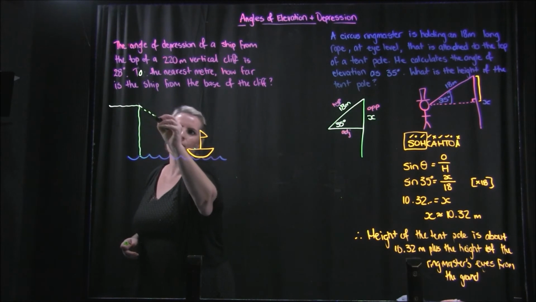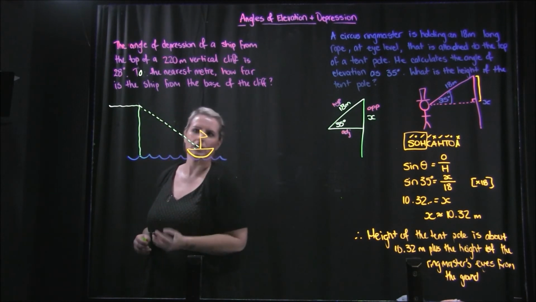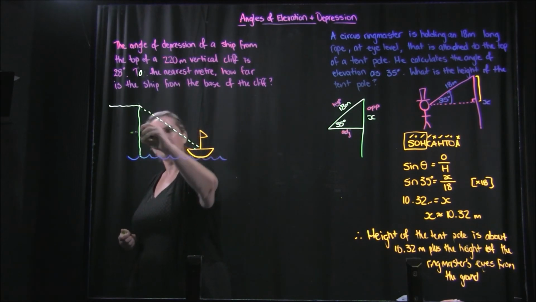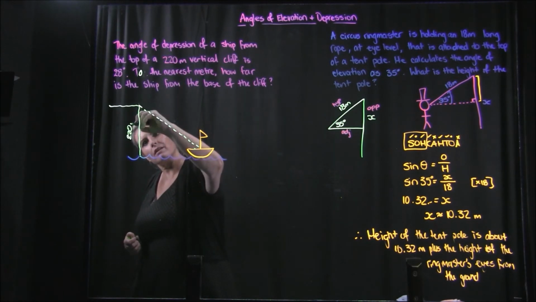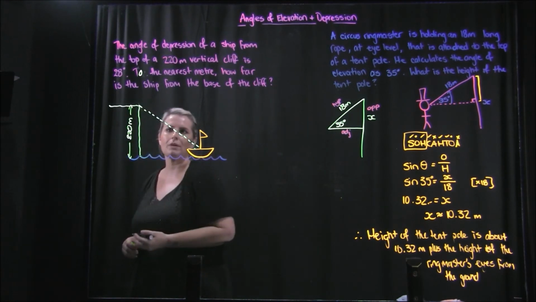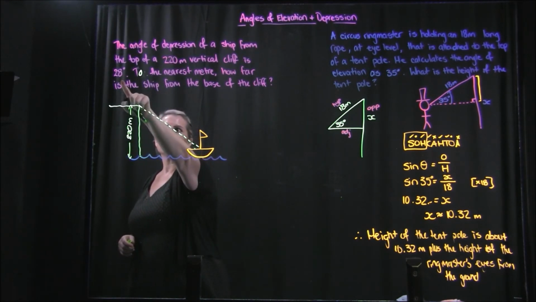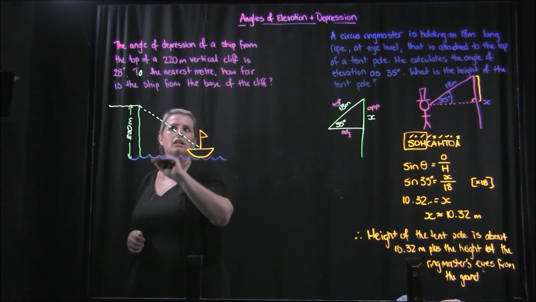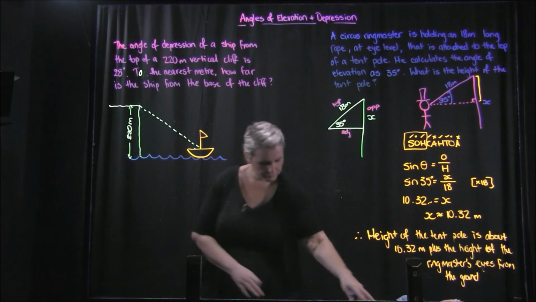I'm looking at the ship. I know that this cliff is 220 meters, from top to bottom. And I know that the angle of depression is 28 degrees.